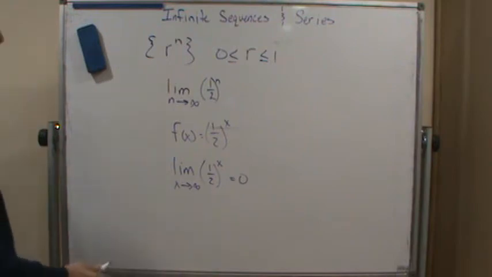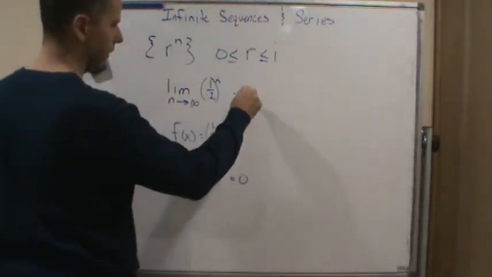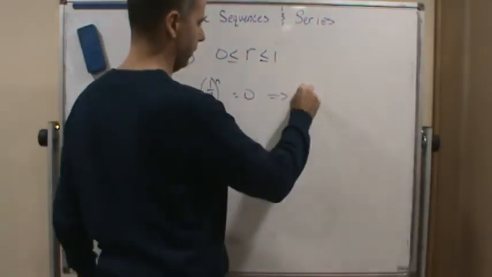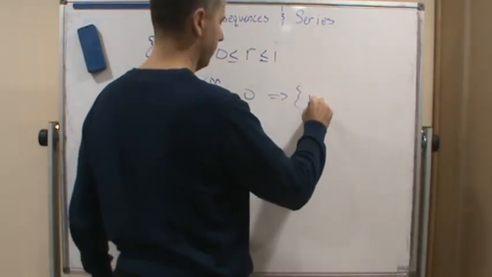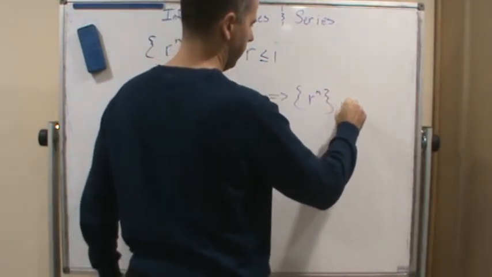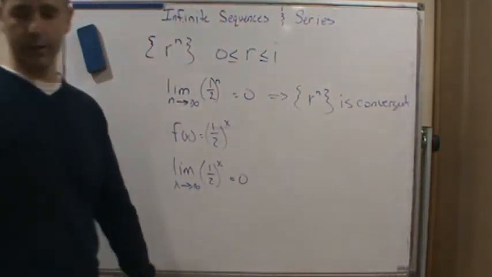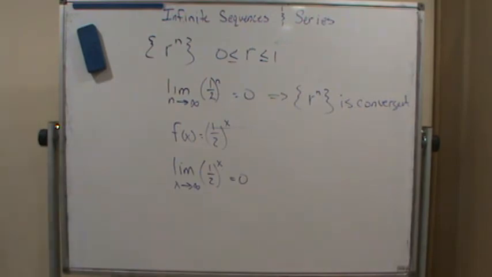Therefore, the limit as n approaches infinity of 1/2 to the nth power equals 0. It must, by the theorem, which means that the sequence is convergent, and it converges to 0.